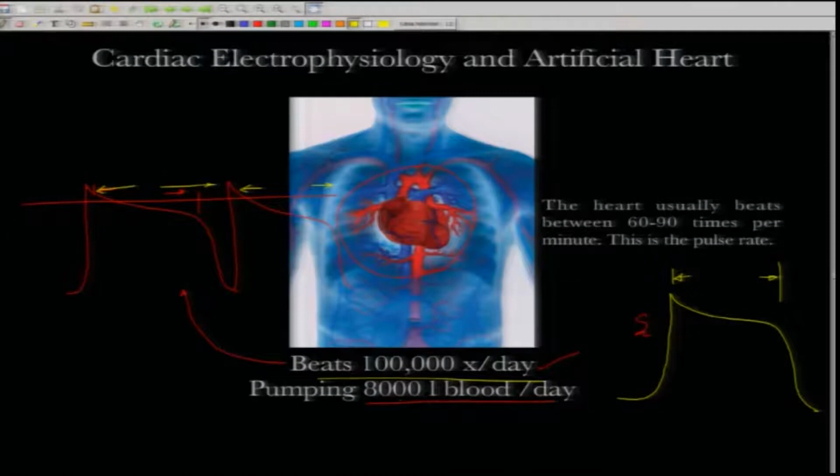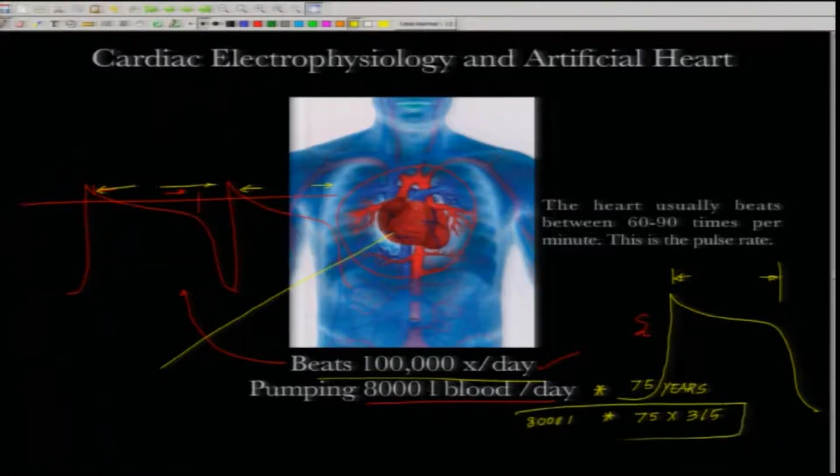Having given you these magical numbers, that it beats 100,000 times per day and pumps 8,000 liters of blood per day, you can very well visualize what an efficient machine this is. Take 8,000 liters per day, multiplied by an average lifespan of, say, 75 years. Just do the calculation: 75 multiplied by 365 multiplied by 8,000 liters.